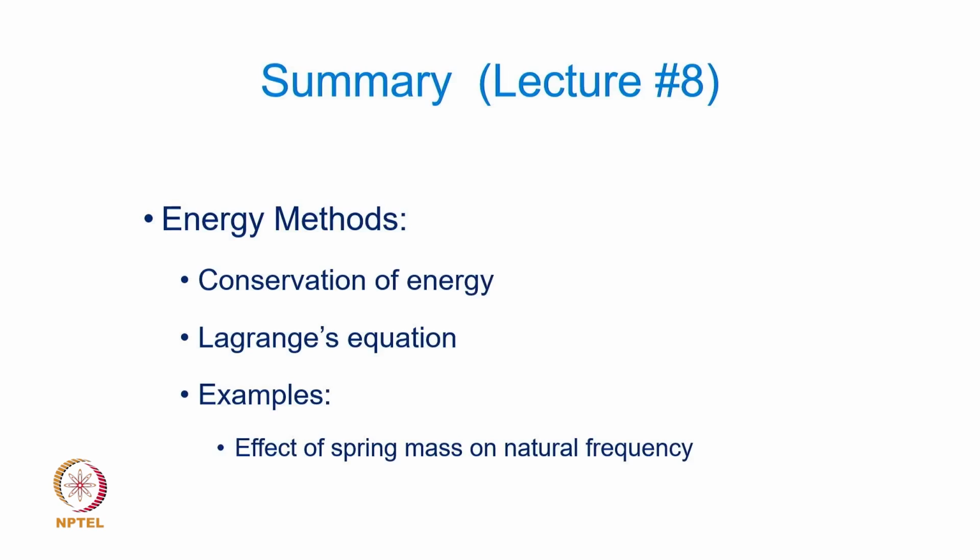With that, we can get the governing equation of motion. Alternatively, Lagrange's equation, as I mentioned, is a more classical way of getting the governing equation of motion, and hence for a simple case an expression for the natural frequency. We discussed a couple of examples and saw that if we include the mass of the spring in getting the expression for the total energy, the spring mass can contribute to the natural frequency.